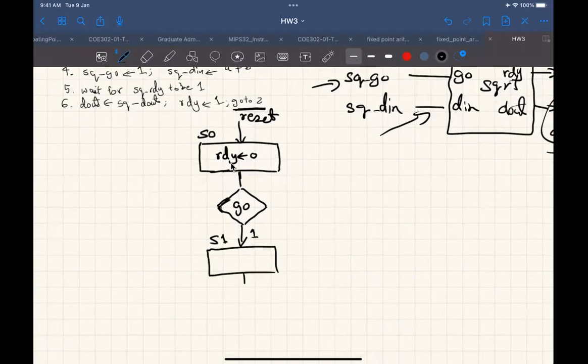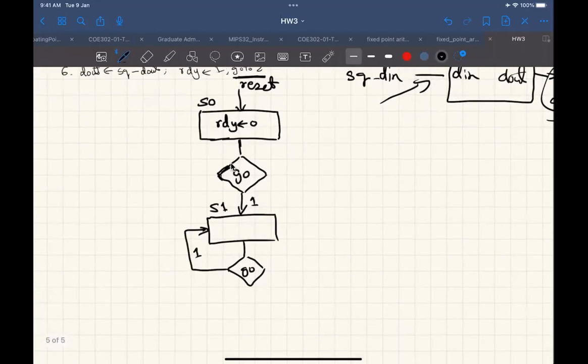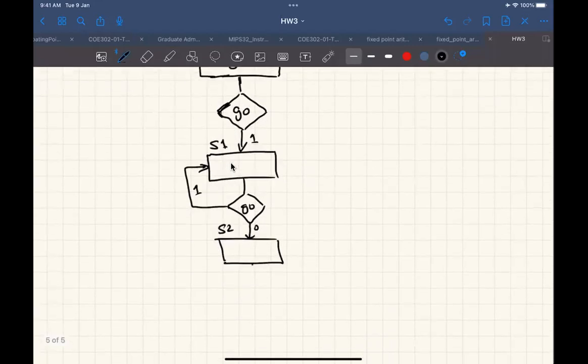So in this step here, you are going to stay here. This is go again, as long as go is 1. And if go goes to 0 in here, then you go to state 2. And then again, you wait for go to go to 1.